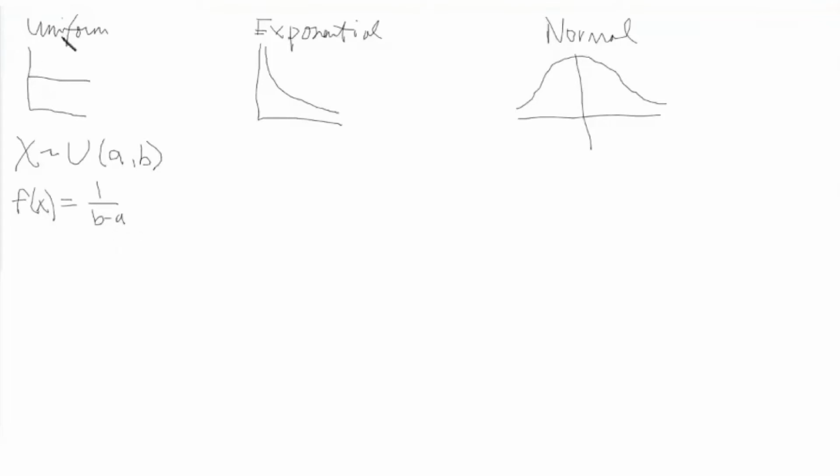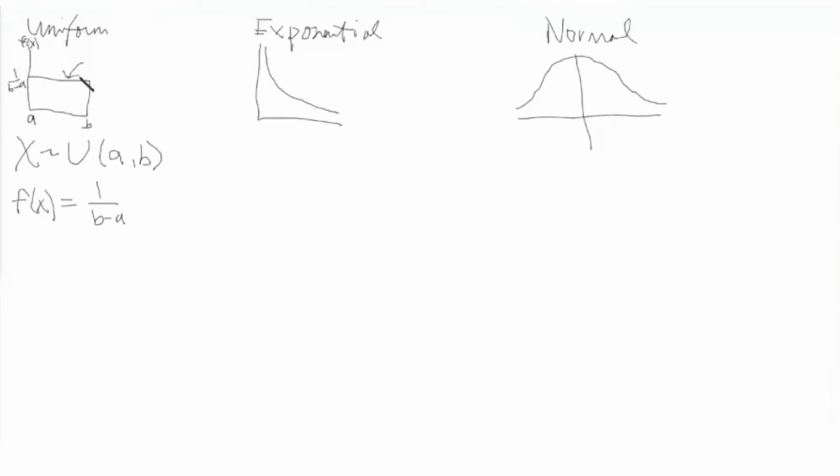When you have a uniform distribution, they're going to give you a starting point A and an ending point B. And then your f of x is going to be 1 over b minus a right here.